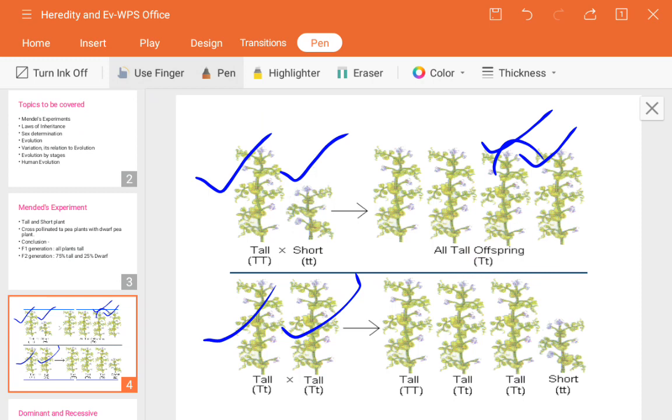But when their offsprings were self pollinated, at that time he saw that the short character, the dwarf character, was there but not expressed. In the second generation it got expressed. The fourth one was actually the shorter or dwarf plant.